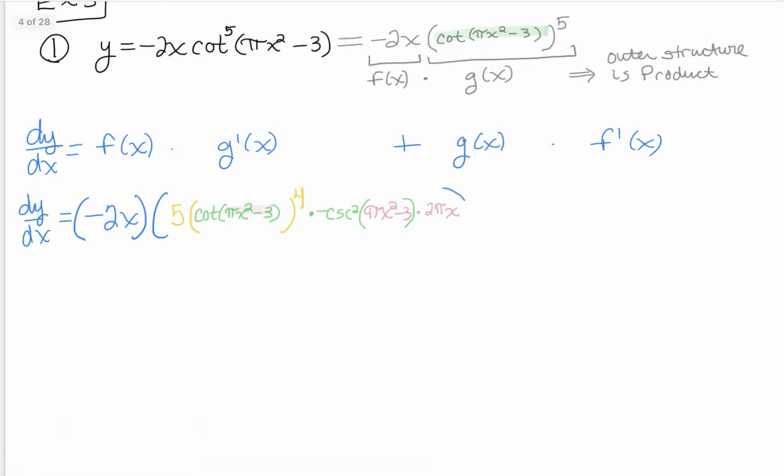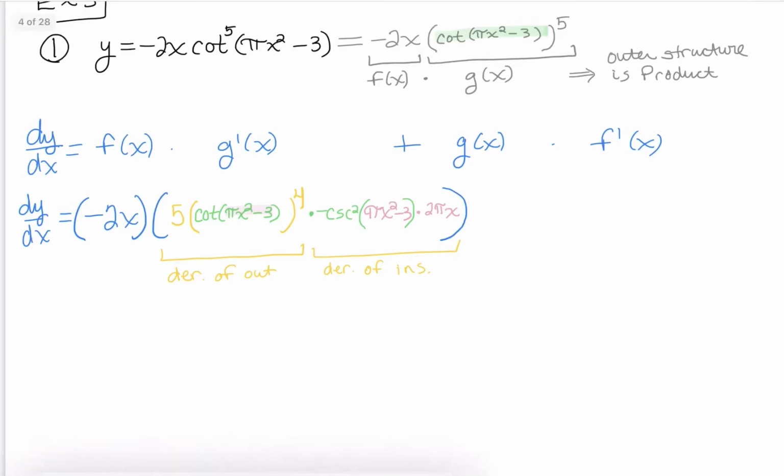So this is a whole heck of a lot. I've picked a real complicated one here for working with our g prime. So the outermost structure is product rule, but within that we have a derivative of the outside. So this is the derivative of the outside times the derivative of the inside. So this is the derivative of the inside.